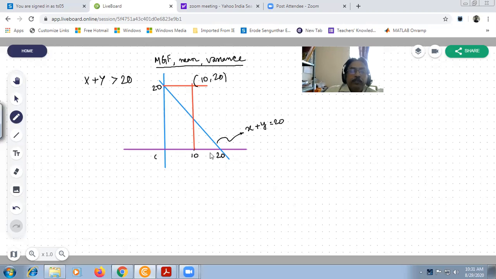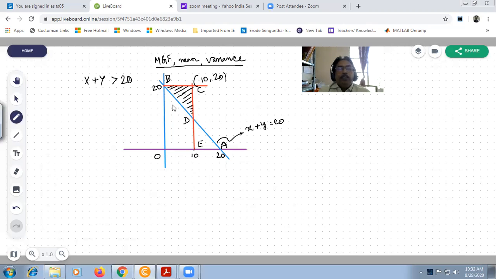This is the origin, this one is A, we call this B, and this C, D and E. So x plus y greater than 20 gives you the entire portion above this straight line, but it is restricted to 10.